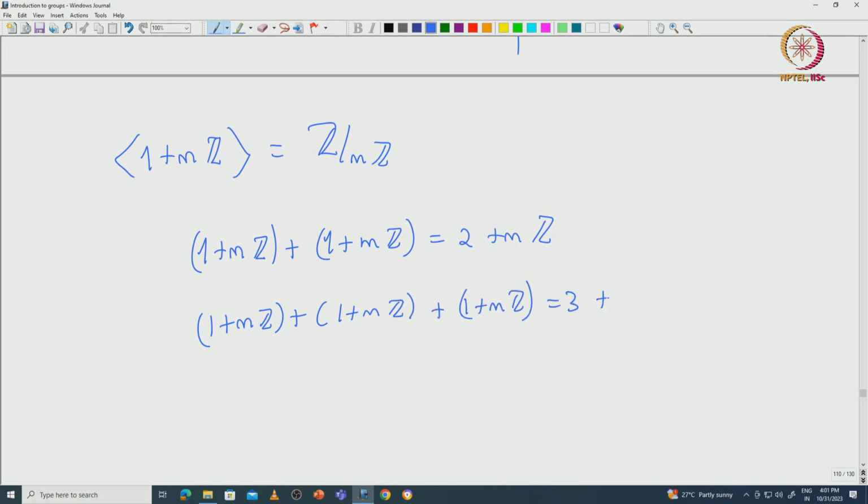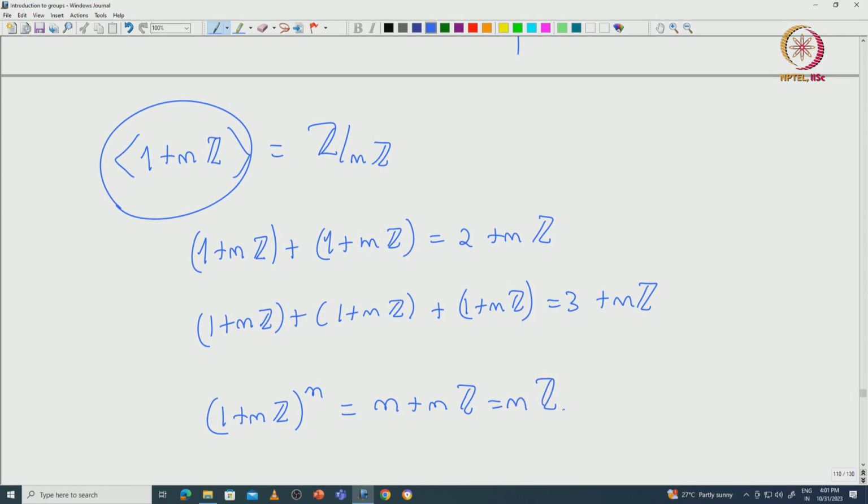This gives you all the elements of Z modulo MZ by repeatedly applying 1 plus MZ. Once you reach M times, you get M plus MZ, and you get back what is called the identity. So it's basically a cyclic group generated by this element. With exponential notation, if you call this A, then this is A squared and so on, A to the power M minus 1, and then A to the power M, which is the identity.